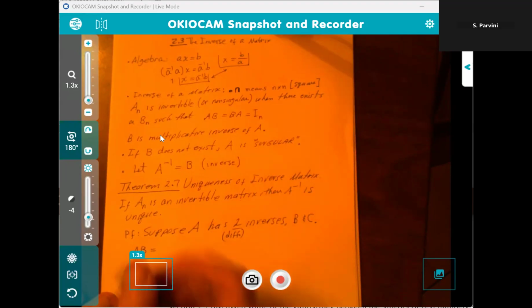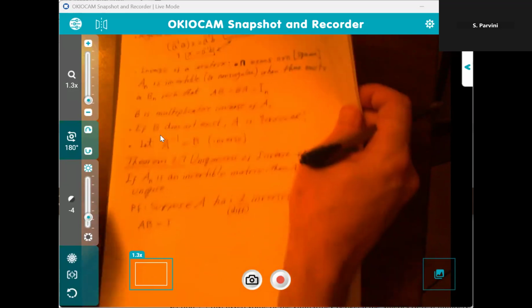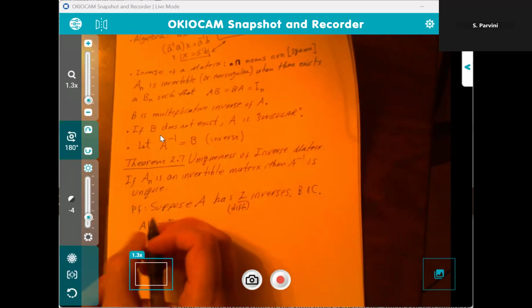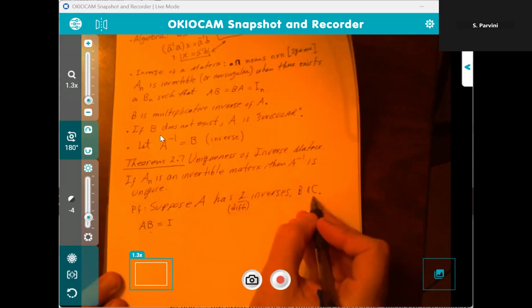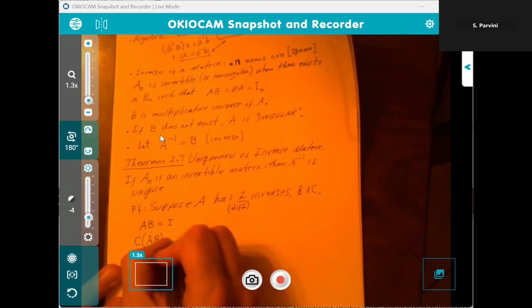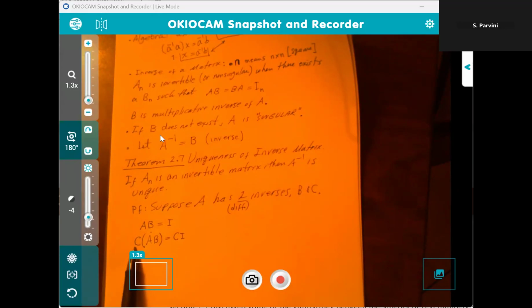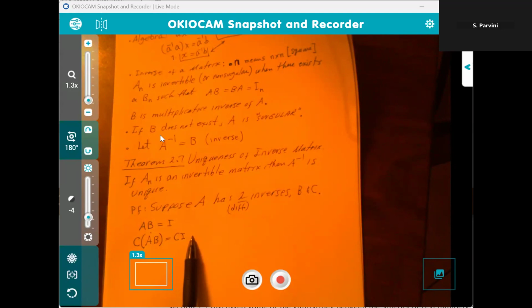So if I do AB, I'm going to get I. Now, in this equation, I'm going to pre-multiply both sides by matrix C. So I'm going to do C times AB, and I'm going to multiply the right side on the left of I by C. With matrix multiplication, when you have an equation, folks, if you pre-multiply here by C, you cannot post-multiply on the other side.